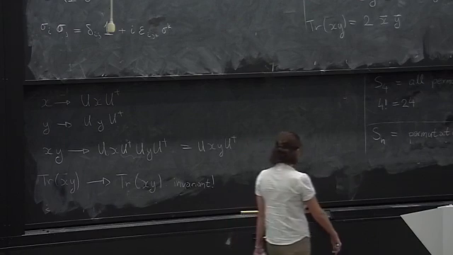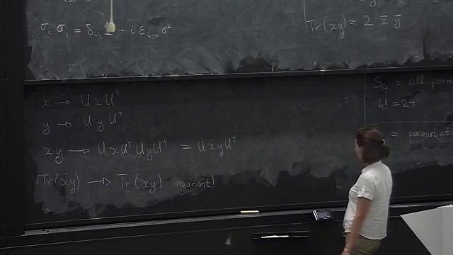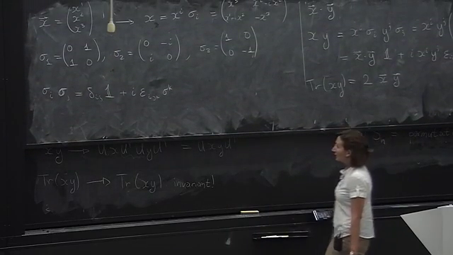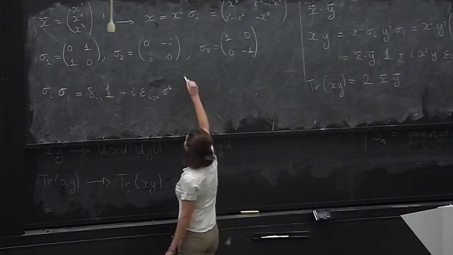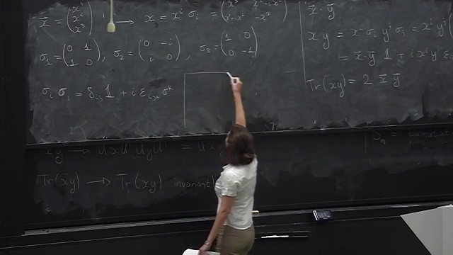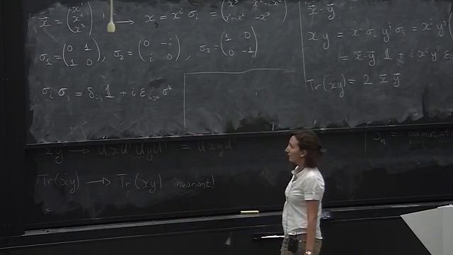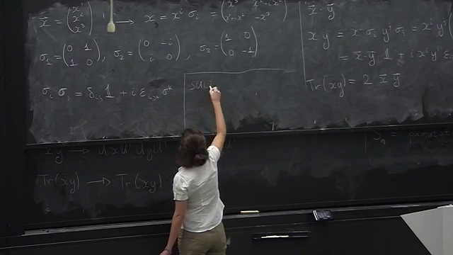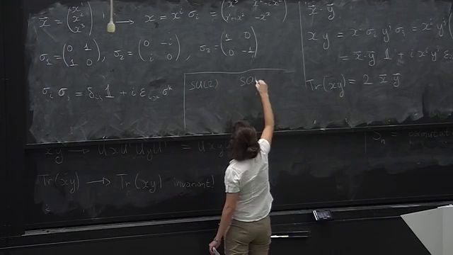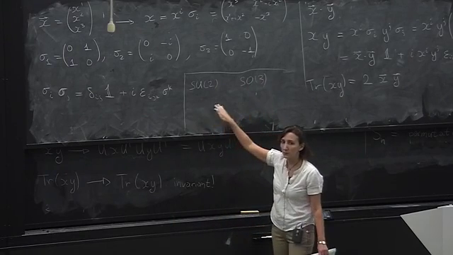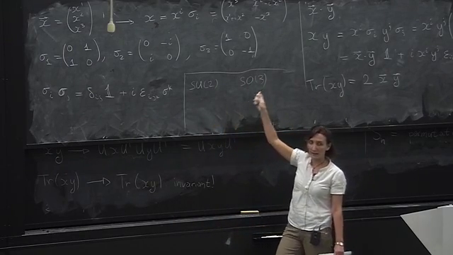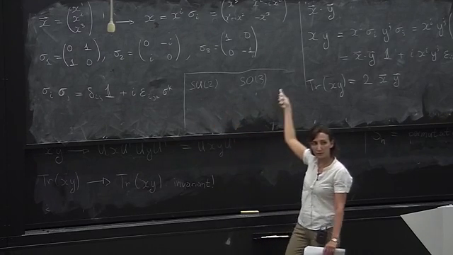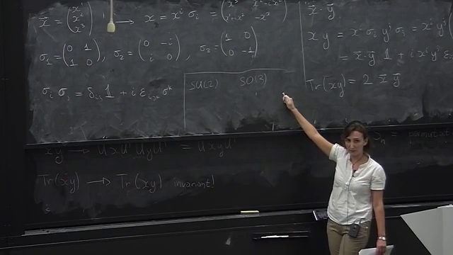And if you look at it more carefully, and I think I will ask you to do this in the tutorial later on today, you will see that the map from SU2 to SO3 is 2 to 1, which means that two elements of SU2 are mapped to the same element of SO3.